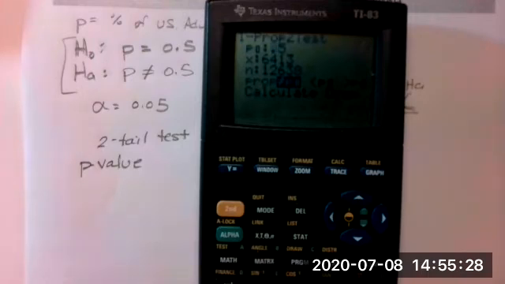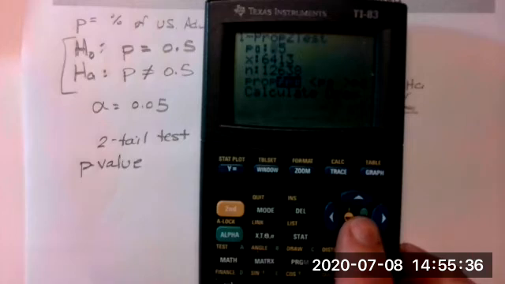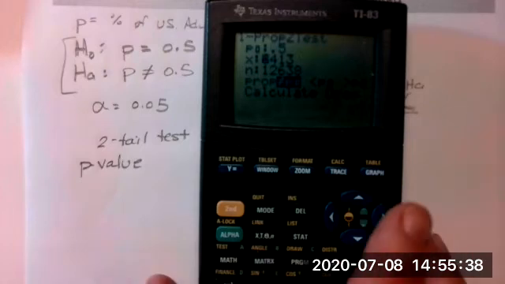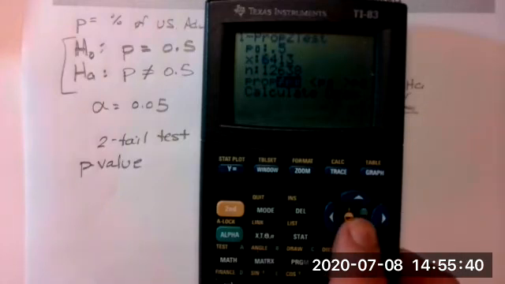So the value that we're checking here is 50%, so 0.5. That's the proportion that we're looking at. And our x is how many people were found to have health problems, so that's 6,413. And then the population that we surveyed was 12,638.